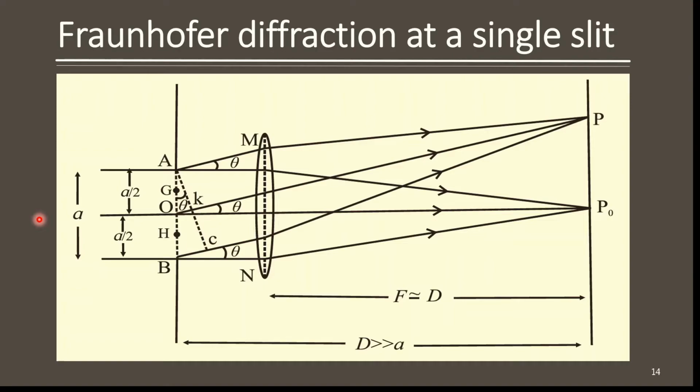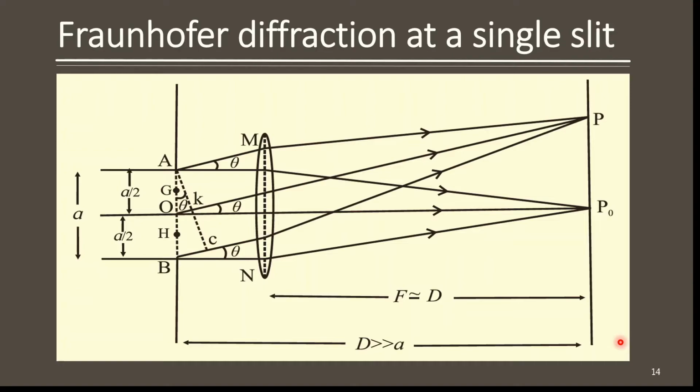A lens kept next to the slit converges the emergent beams on the screen kept at the focus. Let D be the distance between the slit and the screen. D is practically the focal length f of the lens. The width a of the slit is of the order of 10 raised to minus 4 to 10 raised to minus 3 meter, and the distance D is of the order of 10 meter.